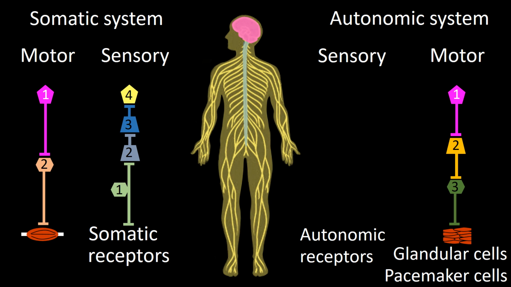Autonomic receptors, mainly consisting of free nerve endings, baroreceptors, and chemoreceptors, make contact with or are part of the first neuron. The first neuron is at the dorsal root ganglia or at the same sensory cranial nerve ganglia as those of the somatic sensory system.